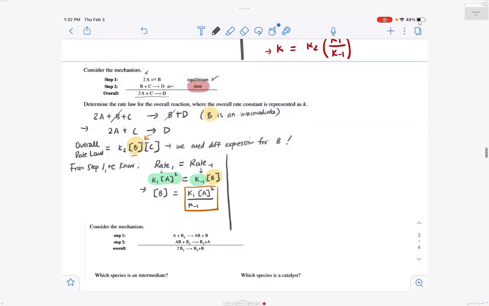So the overall rate law is going to be K2, I'm just rewriting this, and now that we have a different expression for B, I'm going to plug that in: K2 times K1 times the concentration of A to the power of 2 divided by K negative 1.